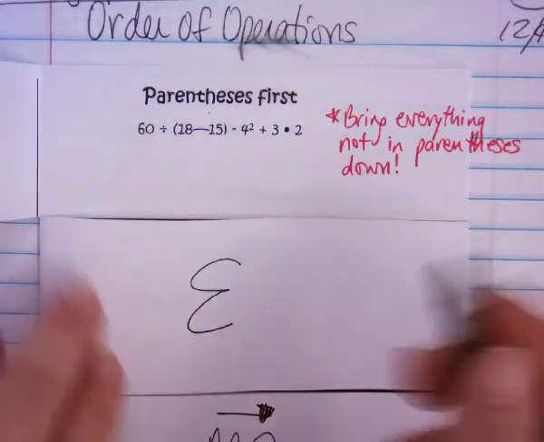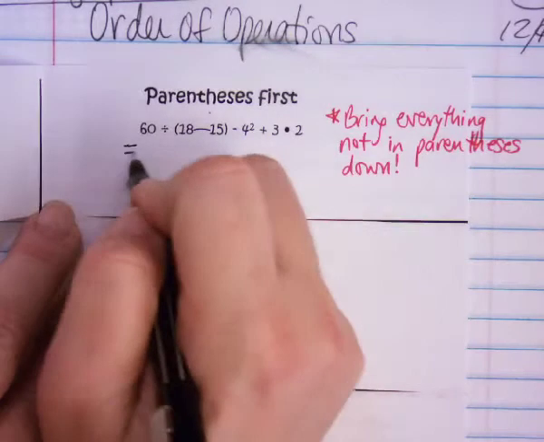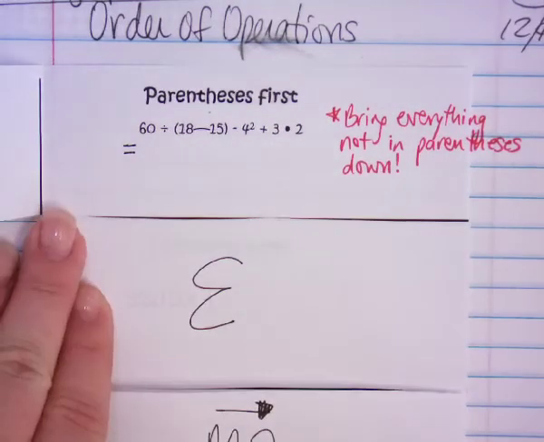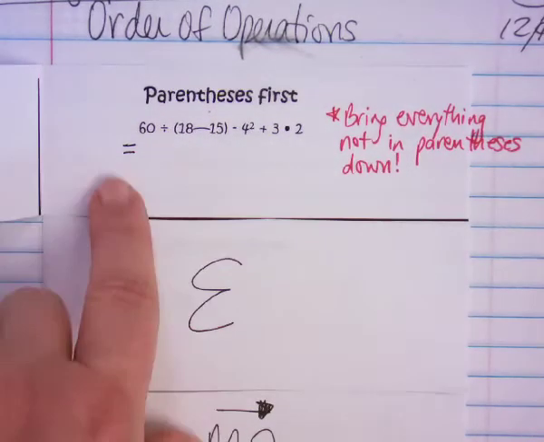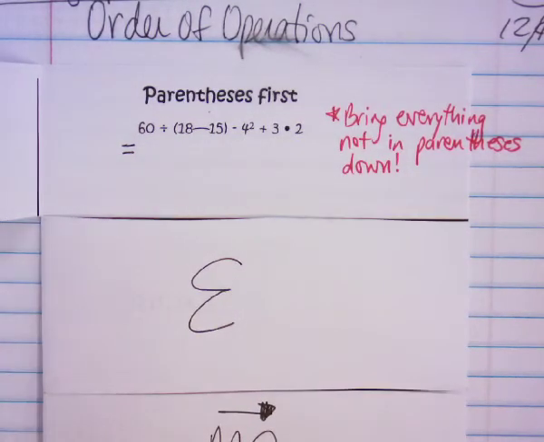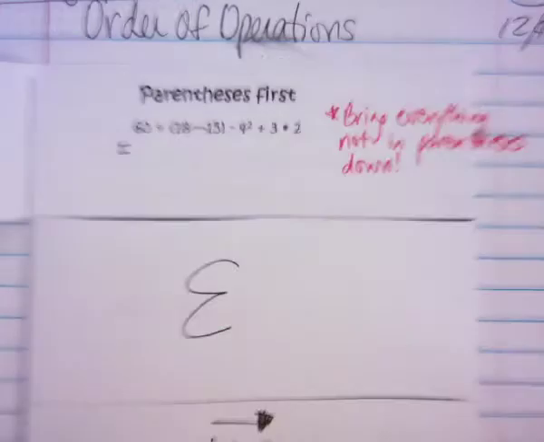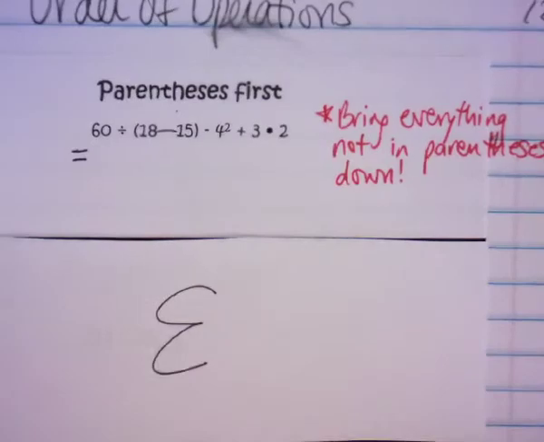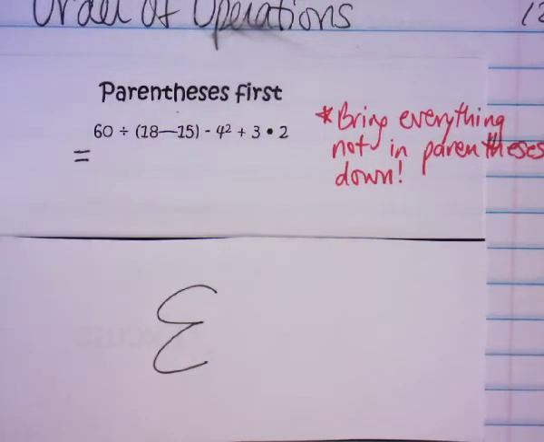So the first thing we're going to do is write an equal sign under our problem. And we're going to continue to write equal signs underneath this equal sign down the entire page, okay? Doing it this way with the different flaps is a little bit choppy, but you need to see how it works the first time, and then we'll do some other examples, okay?